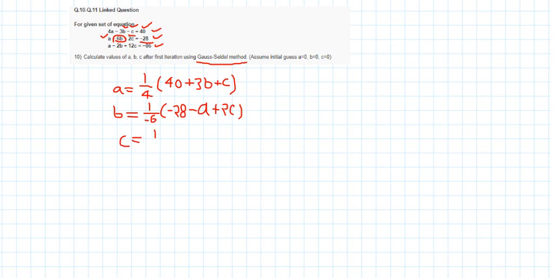Coefficient of C, that means 12, minus first term and minus second term, then minus 86, minus A, minus plus 2B.